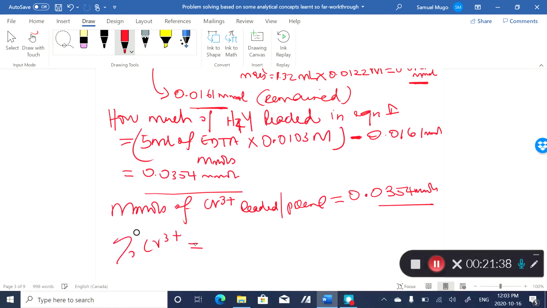To do that, you need to calculate the mass of the chromium. The percent chromium would be the mass of chromium 3+ divided by the mass of the sample, times 100.